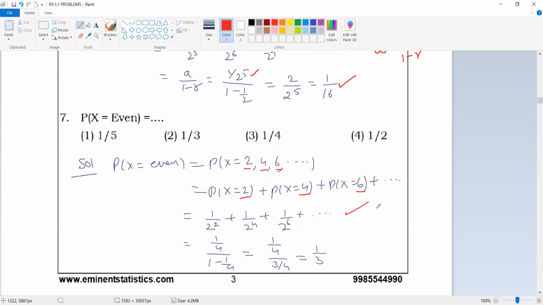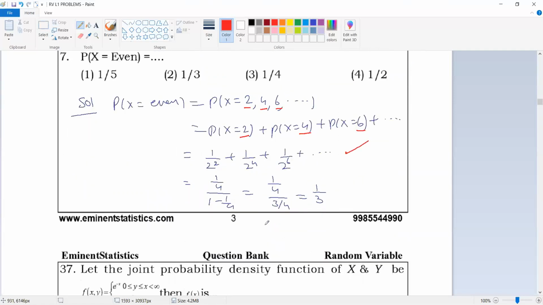Now this is also an infinite GP series. The formula is A by 1 minus R: 1 by 4 by 1 minus 1 by 4, that is 1 by 4 by 3 by 4. The 4s cancel. Now the answer is 1 by 3. Second option is correct.